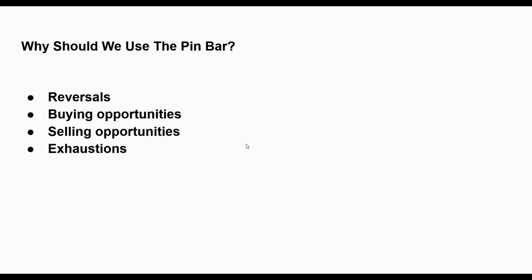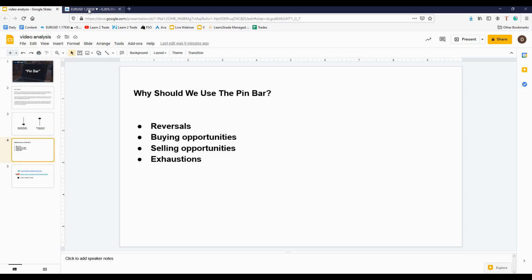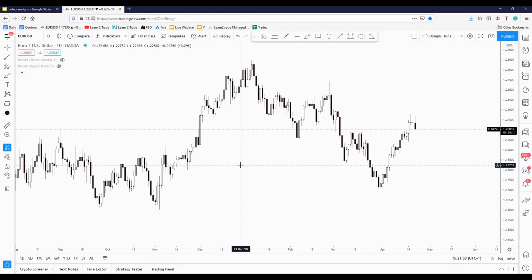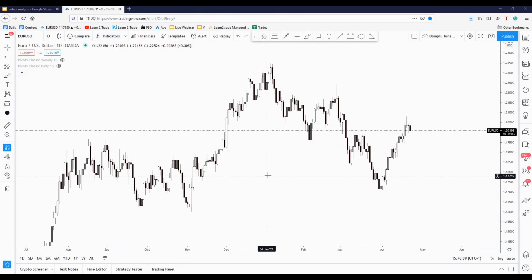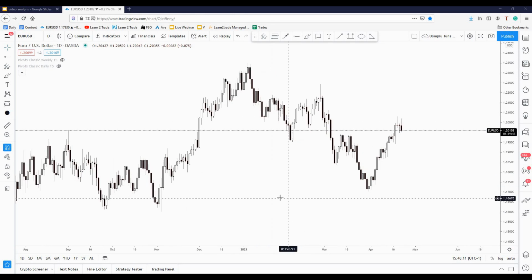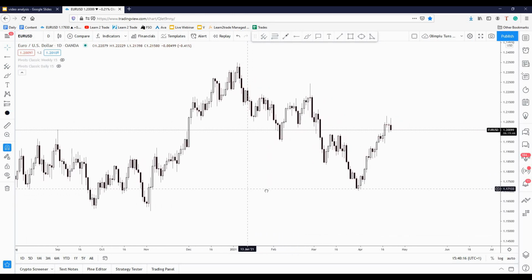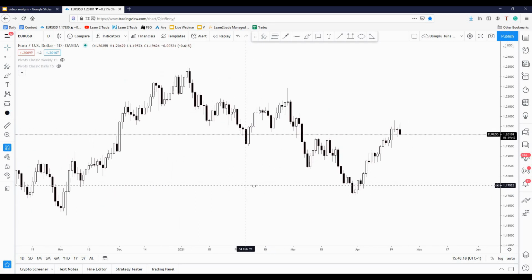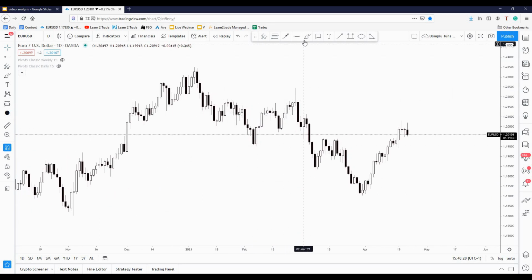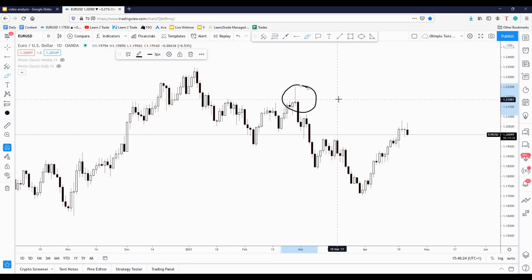Okay, let's move forward and let's take a few examples and identify a few pin bars. Okay guys, so we have a live chart here, euro versus the US dollar, and let's start with this one here. So here we had a bearish pin bar.